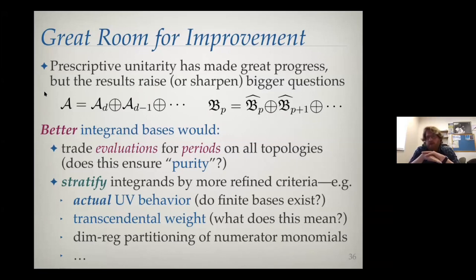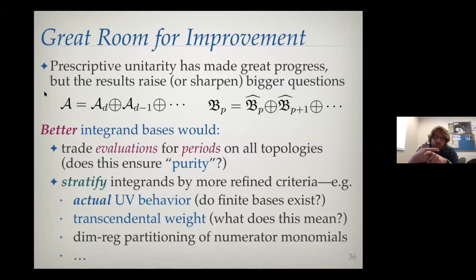You rotate, you make it D-log wherever you can, and you immediately see a ton of coefficients drop out, or you make it unit. The basis really does get organized better from this modern perspective, from thinking about D-log, purity and transcendental weight. So at one loop, the answer is absolutely yes, and we're already along the way to trying to learn those lessons.